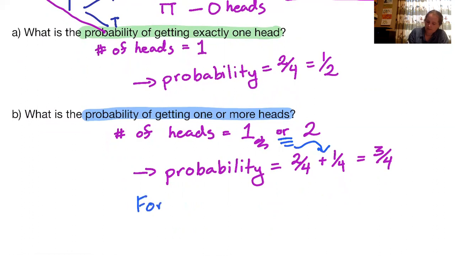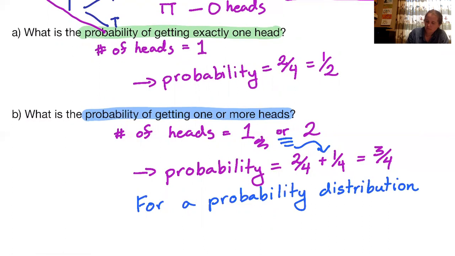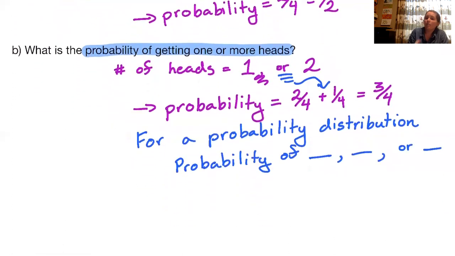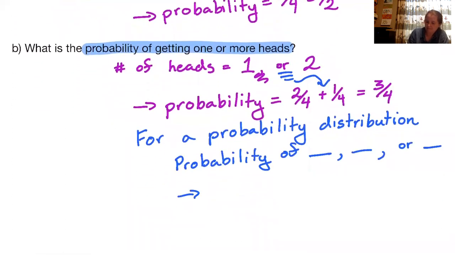So for a probability distribution, if we have a probability of blank, blank, or blank, we just add up the corresponding probabilities.